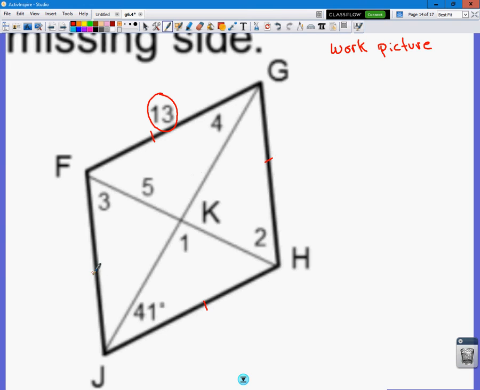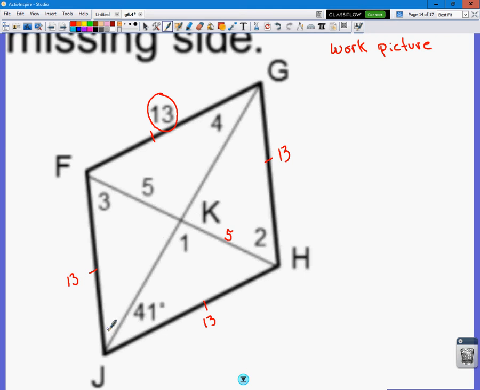And I'm just going to go around and mark that. They told me from F to K was 5 units long. How far is it from K to H? It's also 5 units long. Now, that takes care of anything that I can do with segment lengths for the moment.